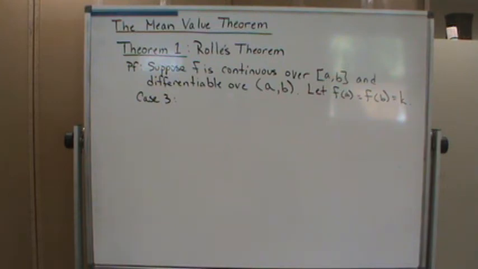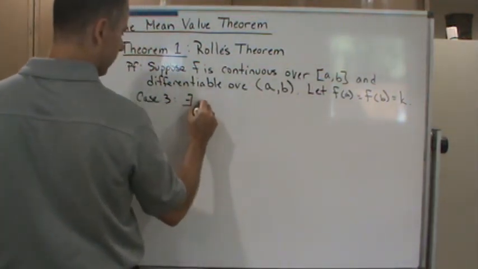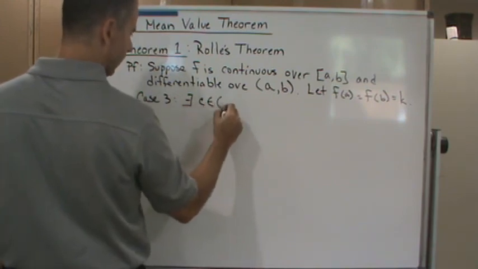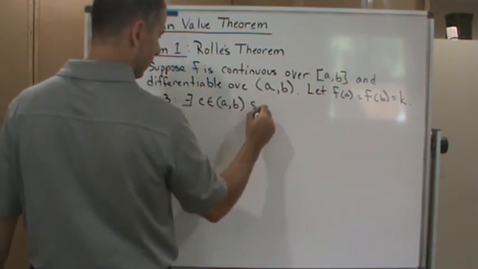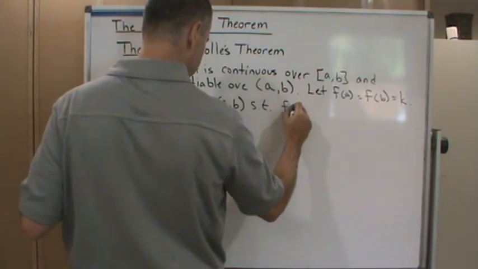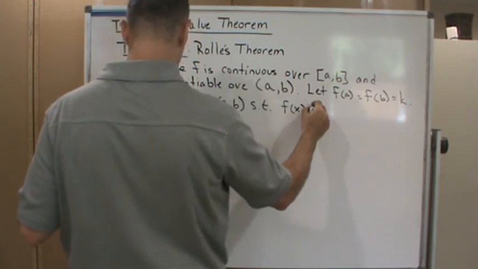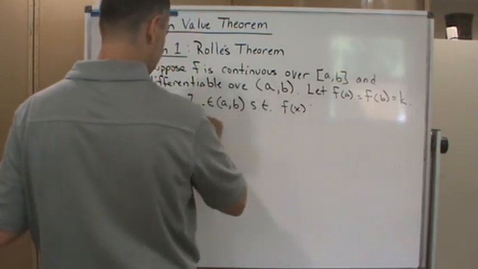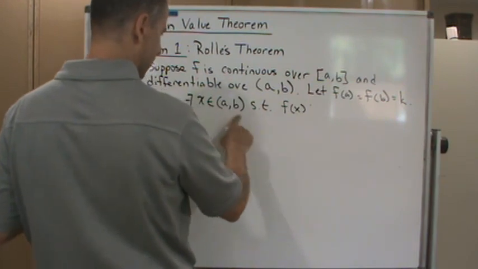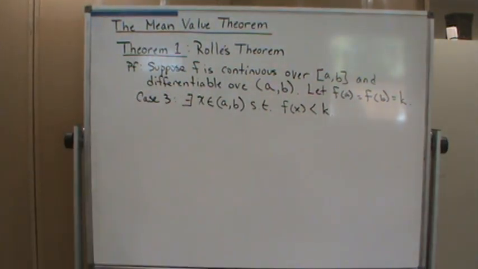So case 3 says there exists an x in AB such that f of x is less than k. That's case 3.